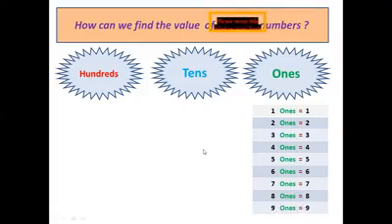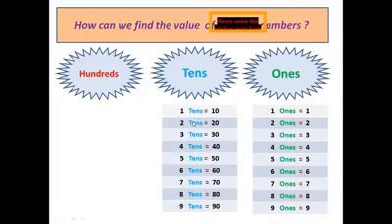Okay, if the digit is in tens, look with me. 1 in tens equals 10, 2 in tens equal 20, 3 in tens equal 30, 4 in tens equal 40, 5 in tens equal 50, 6 in tens equal 60, 7 in tens equal 70, 8 in tens equal 80, and 9 in tens equal 90. Okay.